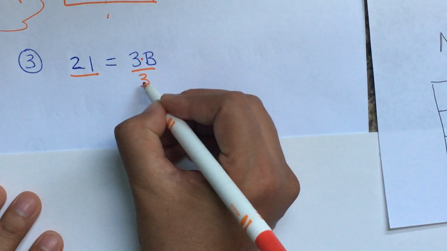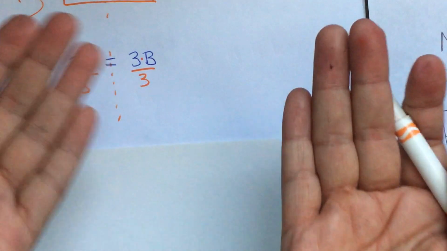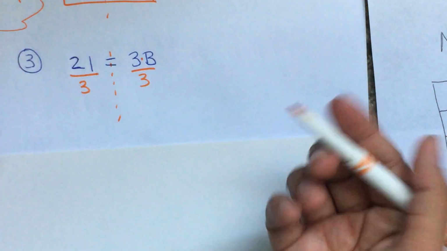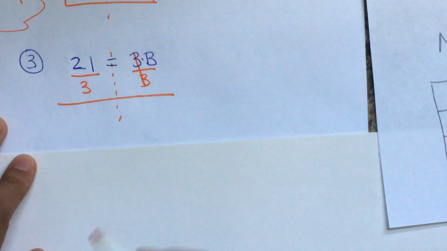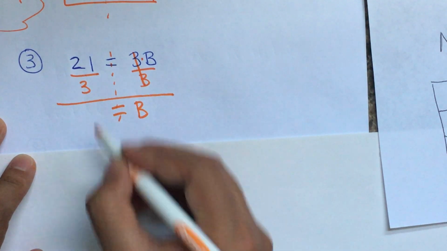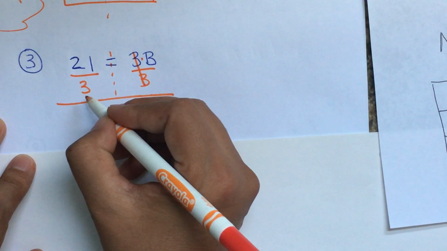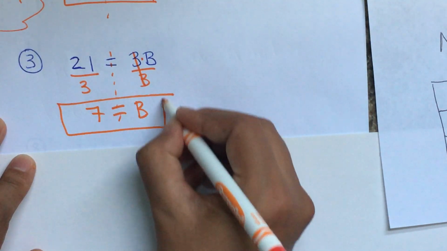And if I divide on one side, I divide on the other side. Otherwise, it's not going to be equal. It's not going to be balanced. And so this cancels. I put a line in here when I'm canceling. And I get b equals 21 divided by 3. It's 7. So that's the answer.